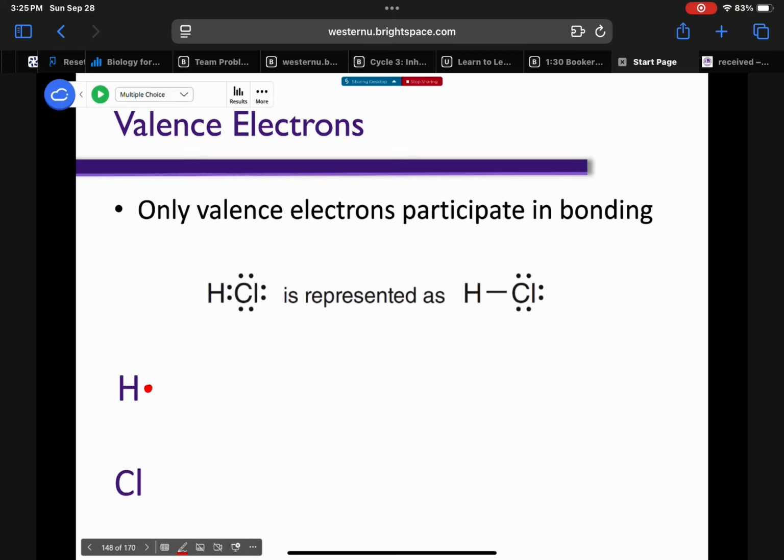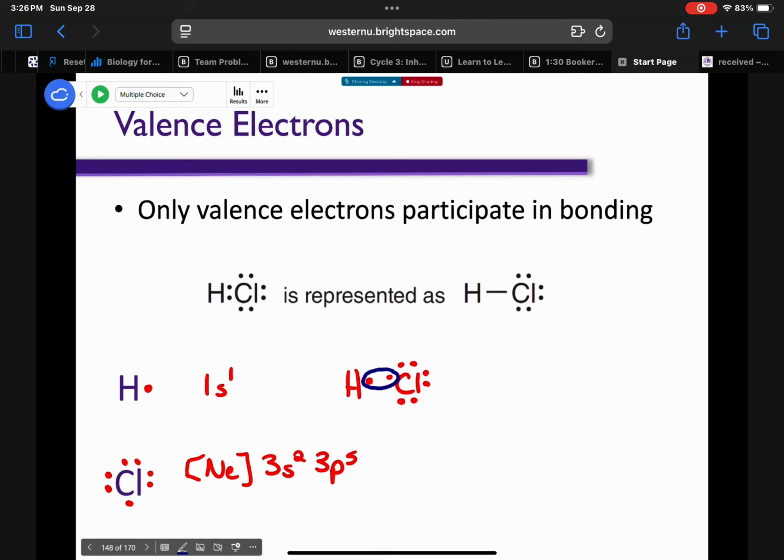And you may have learned how to draw some dot diagrams showing the electrons as dots around this. Well, if we think about the electron configuration for hydrogen and that for chlorine, 3s2, 3p5, these two atoms can come together and share their electrons. One electron from hydrogen and one from chlorine can form a bond, and we could draw them side by side as well.